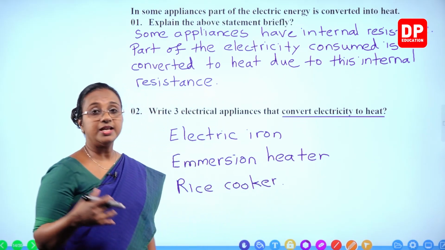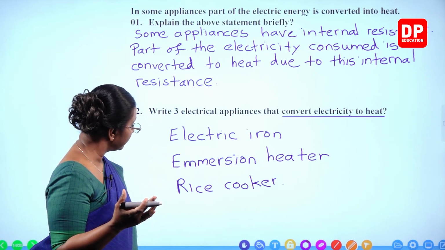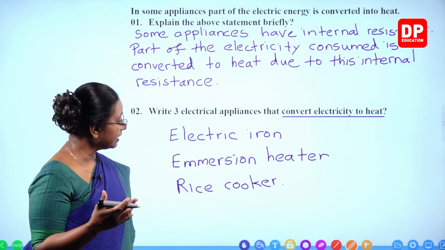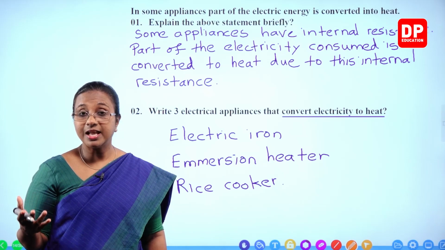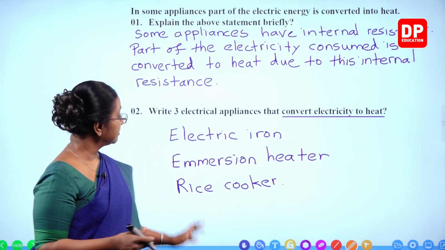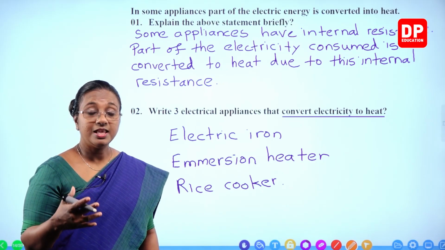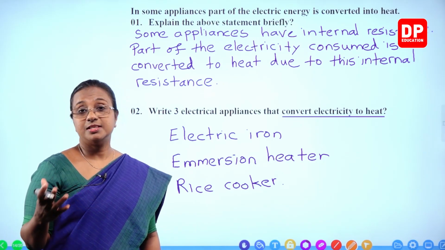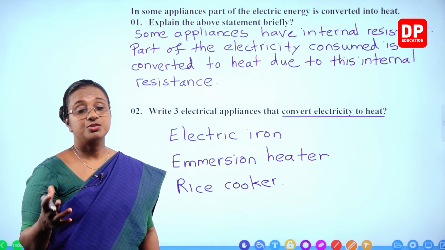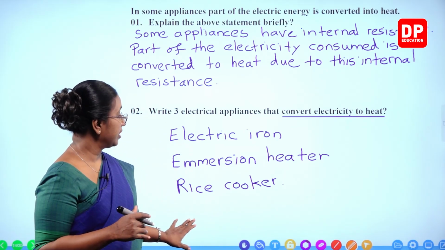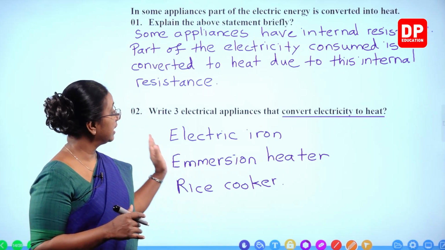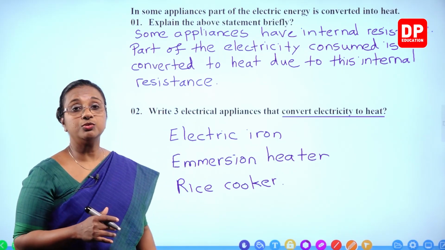You can also write electric oven, then you can write hot plate, you can even write electric kettle, all those devices, induction cookers, all these devices, we need to convert electricity to heat energy. So based on the usage, based on their requirement, electricity is converted to heat.